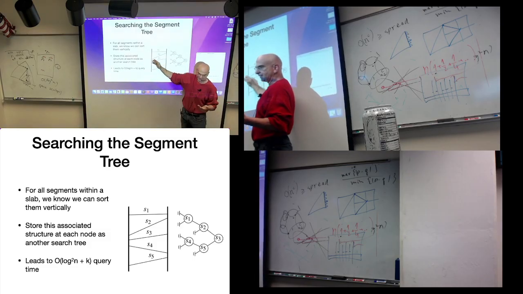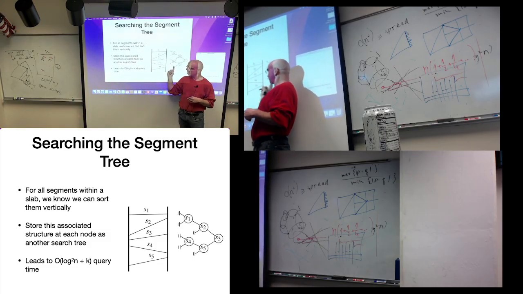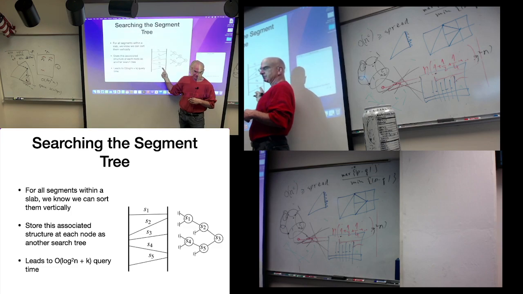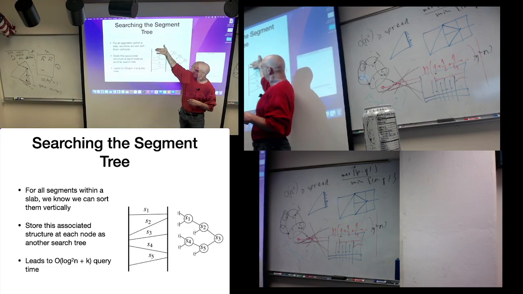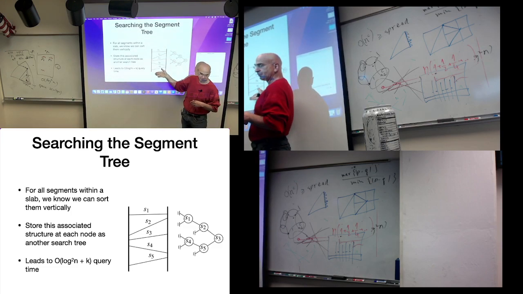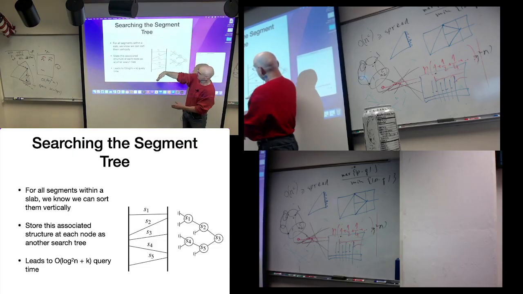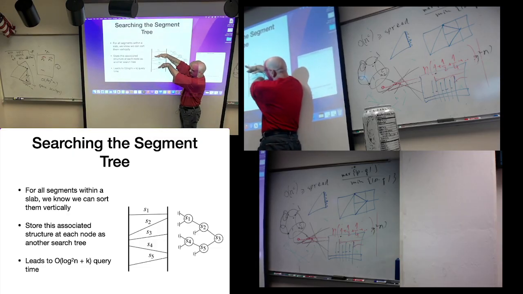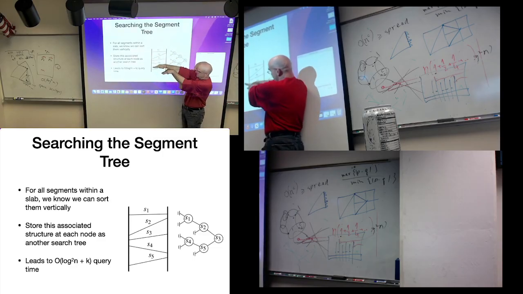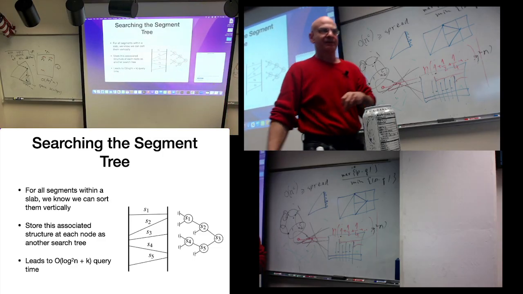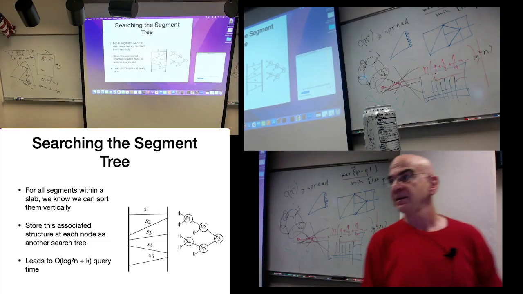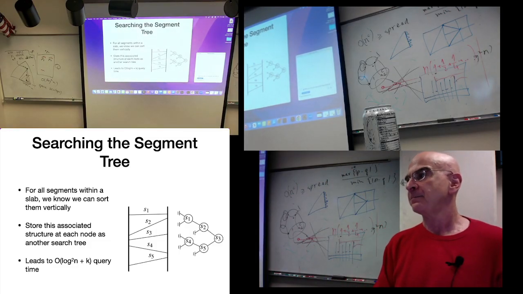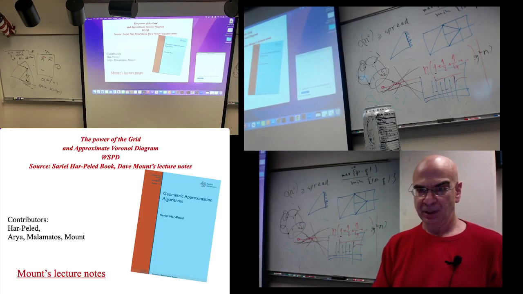And the segment tree will tell you each one of these segments goes all the way from left to right. And they don't intersect, so I can sort them inside the slab from bottom to top. Now if you give me another X and Y value of the window, I can report all the segments that are relevant here by finding the lowermost one and then going one up, one up, one up. So that's how you answer a window query.